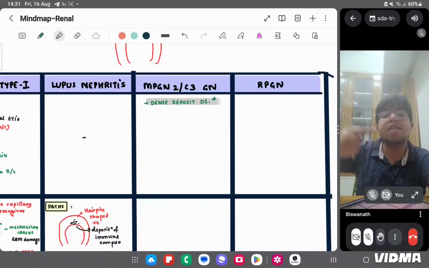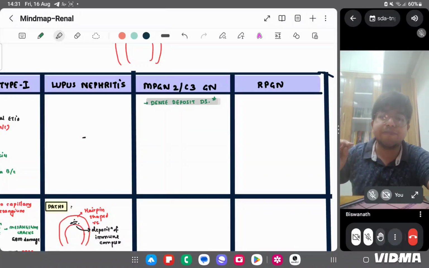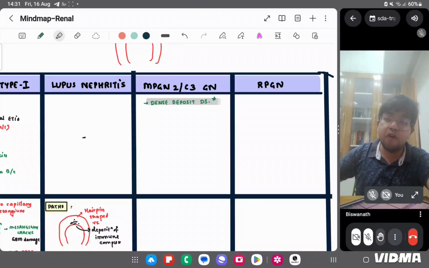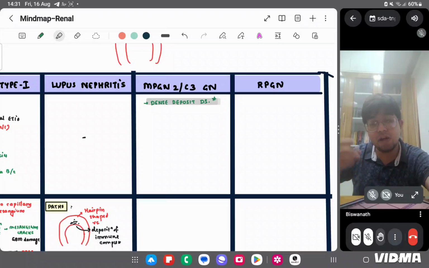So if there is an excess of C3 NeF, that is C3 nephritic factor, or if there is a loss of function of factor I and factor H, then there is an overactive alternate pathway, and the complement proteins basically start to accumulate here. Okay, there is mesangial positivity again.